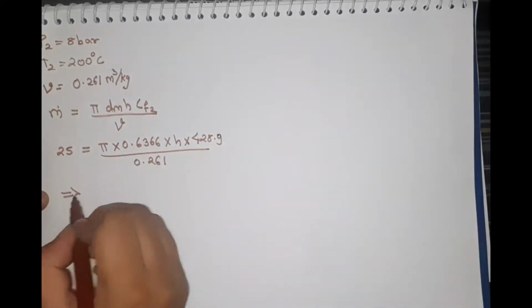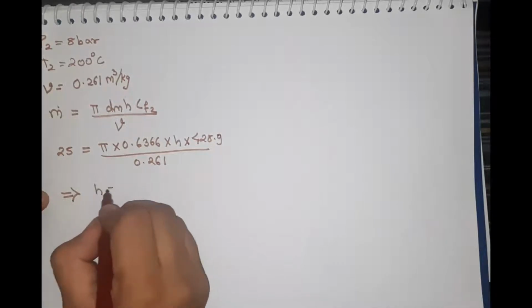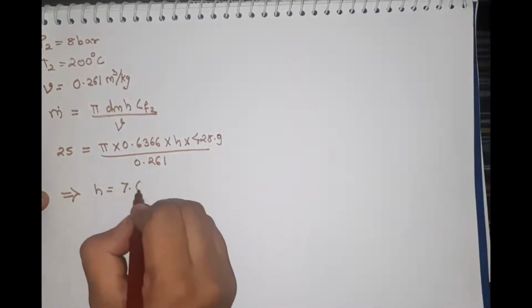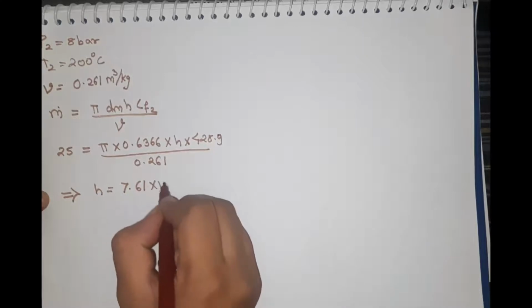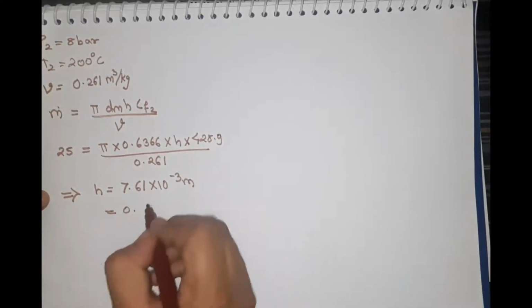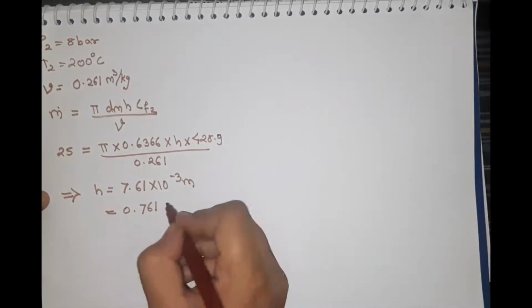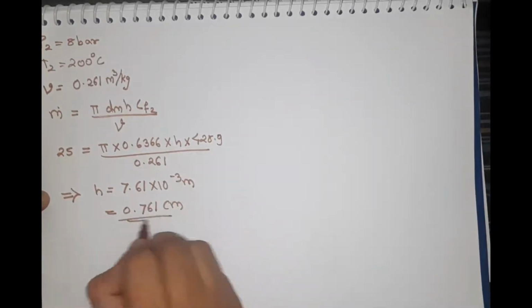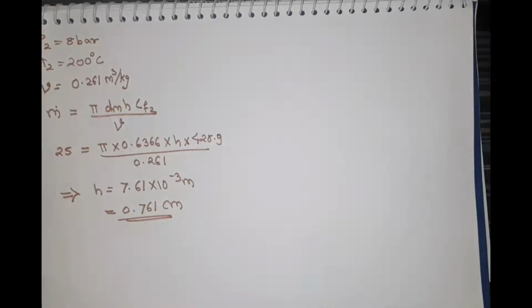From here we will get the height as 7.61 into 10 raised to minus 3 meter, or we can write it as 0.6761 centimeter. So this is how we can find the height for the turbine blades.